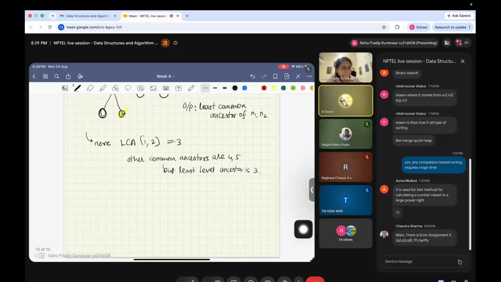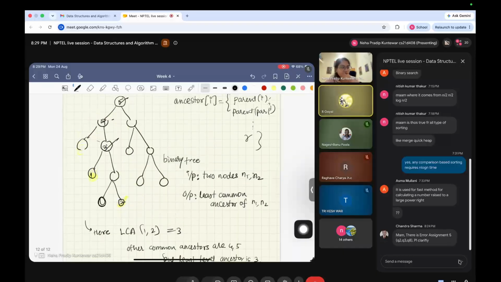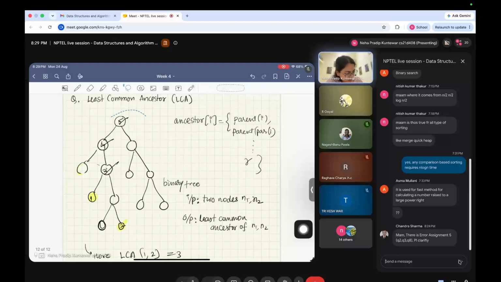The first yellow node, whose index is 8. Let me just draw that.